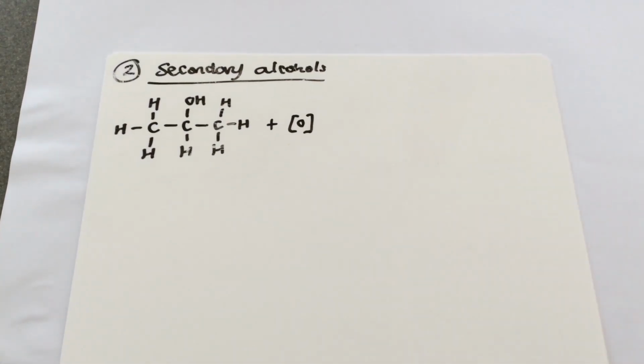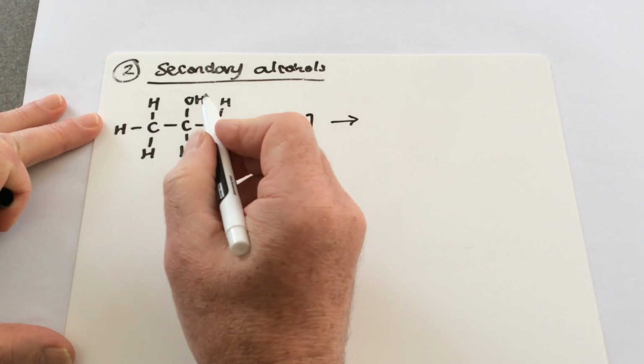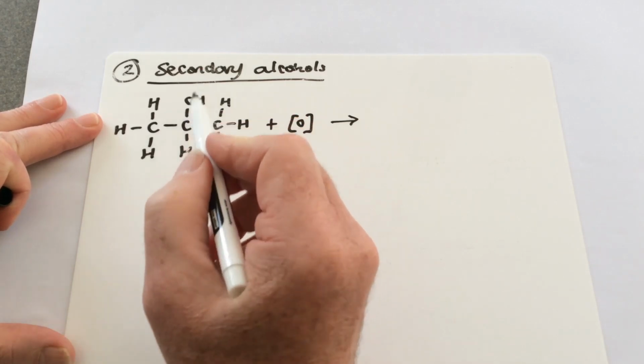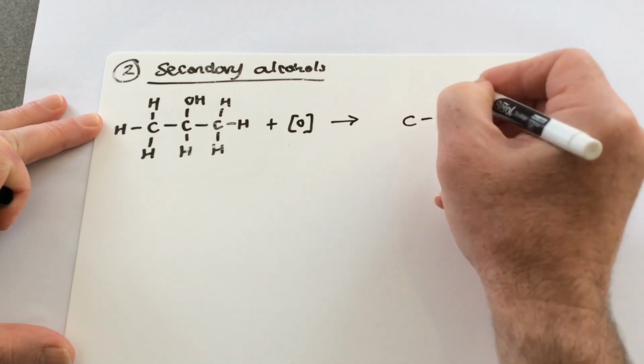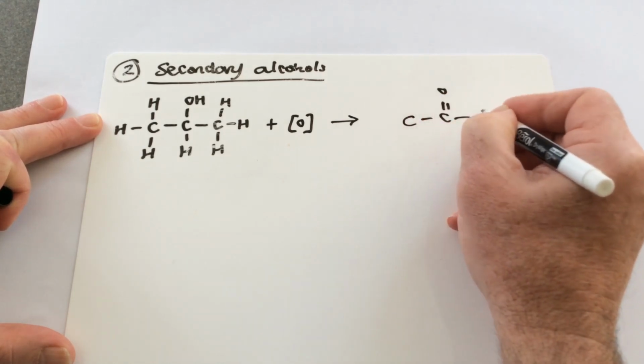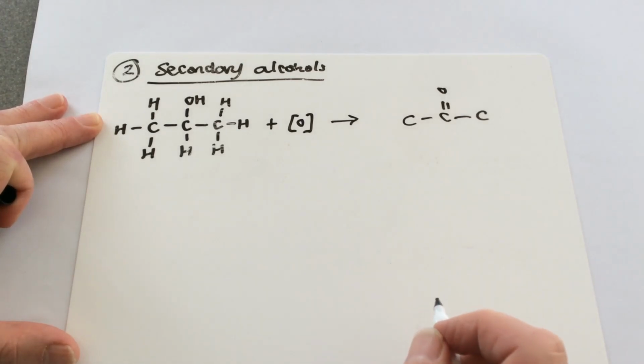Let's have a look at what happens with secondary alcohols. With a secondary alcohol, we get a similar outcome. The oxygen, in terms of the oxidizing agent, removes a hydrogen from the oxygen and a hydrogen from the adjacent carbon atom. And so we end up with this functional group, a C double bond O sandwiched between two carbon atoms. This is a ketone.